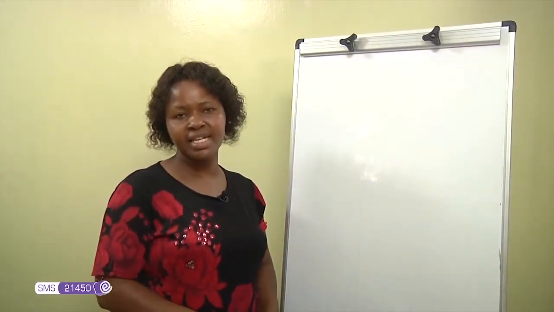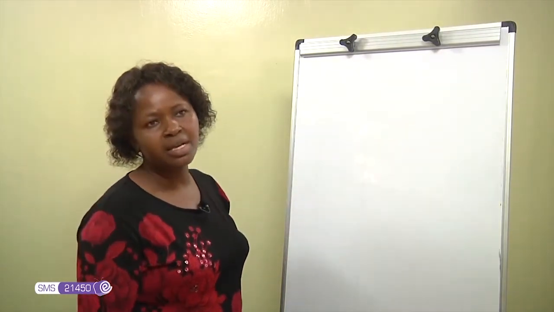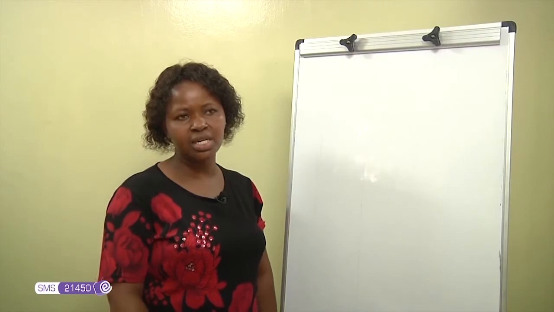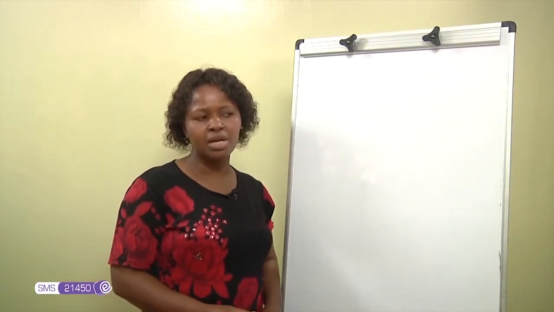In our lesson last time, we talked about Introduction to Business Studies, where we introduced the subject and said that business studies is a field of study that revolves around three areas: production, distribution, and consumption.